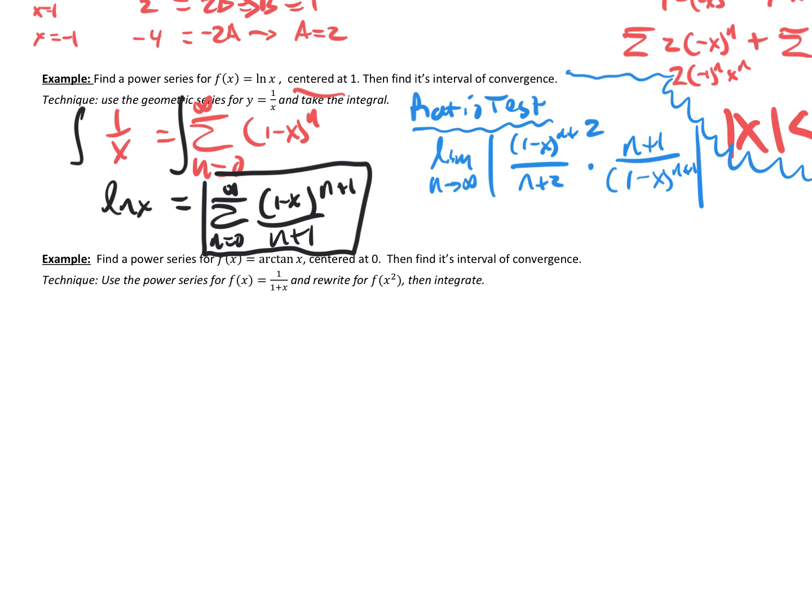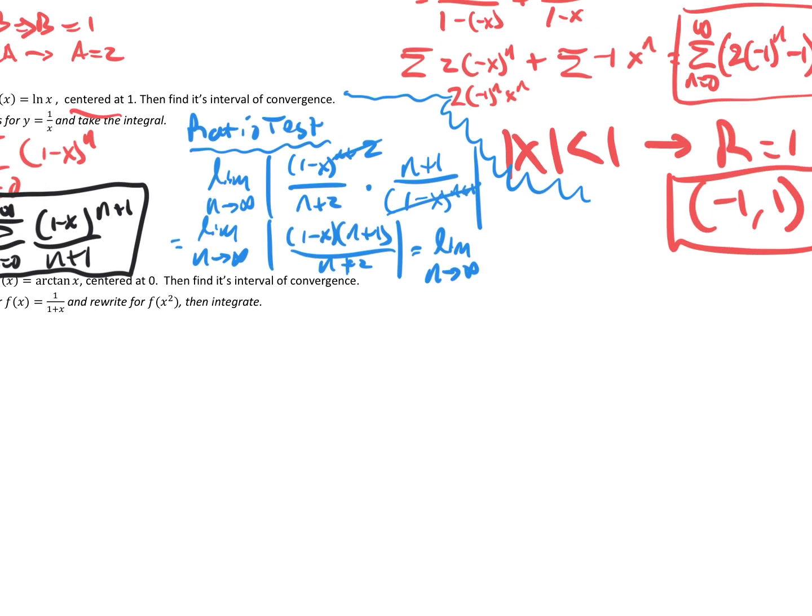All right, we know the ratio test there. And what happens here? Well, if we subtract these, that leaves us with one of them. So we have the limit as n goes to infinity of 1 minus x times n plus 1 all over n plus 2. Okay, so let's rewrite this, you might see it a little better.